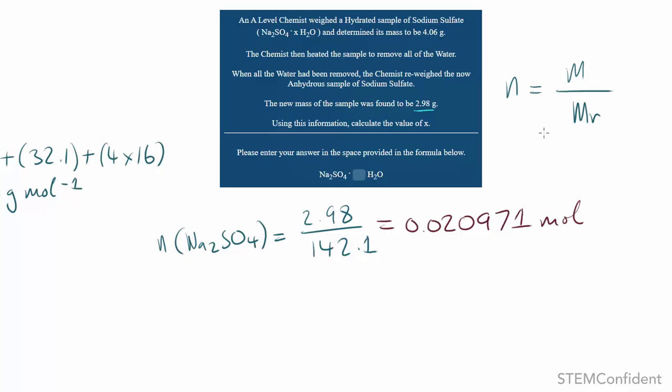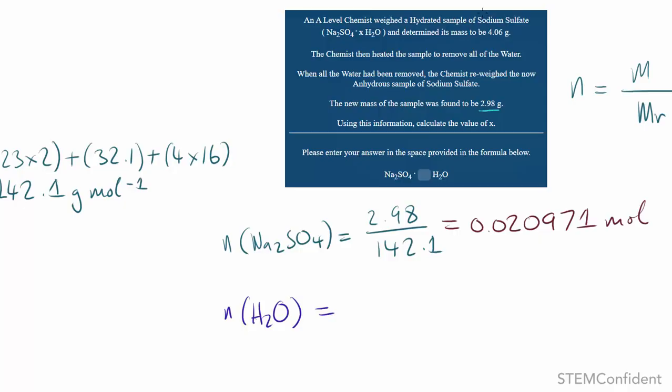What you want to also do is work out the number of moles for the H2O. For this we need the mass. We don't actually have the mass explicitly given, but what we do have is the hydrated sample mass and the anhydrous sample mass.